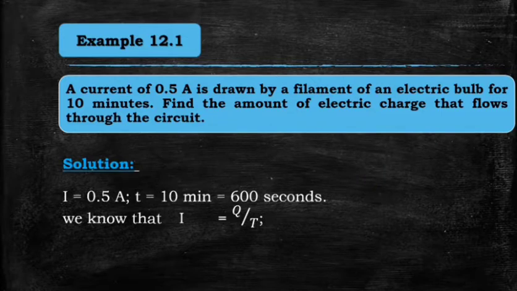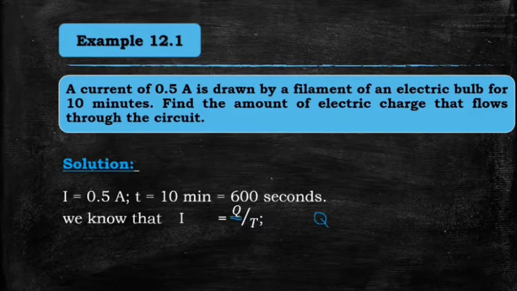We know that I is equal to Q divided by T. Q is the charge, T is the time taken. So what we have to find is the amount of electric charge, this Q we have to find. So what will be our formula?